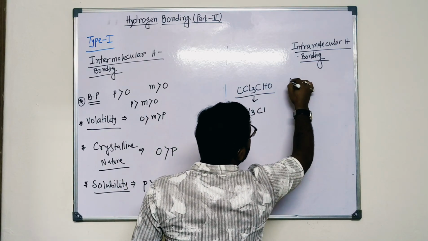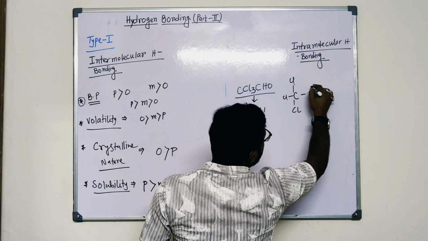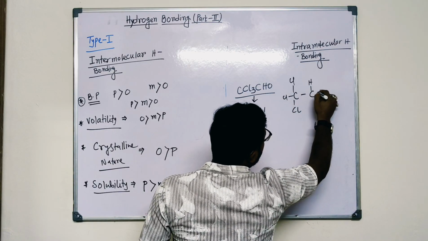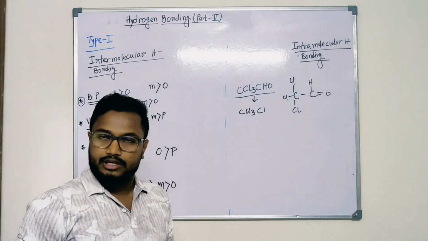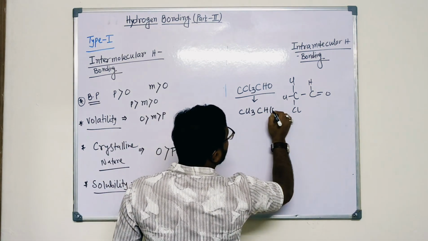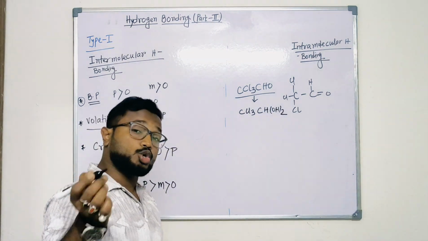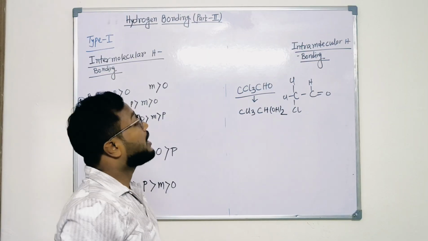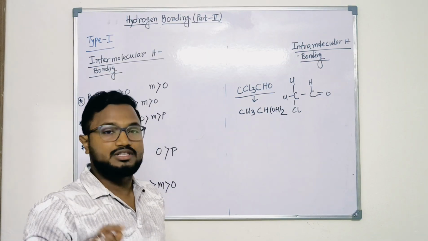We can draw like this: CCl3, C single bond H, double bond O. Here two OH are connected. So we can write CCl3CHO with 2 OH when water is connected. It shows hydrogen bonding. Because of hydrogen bonding, 2 OH in a compound is stable.